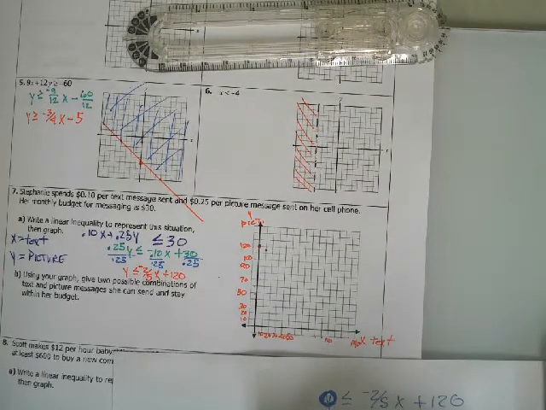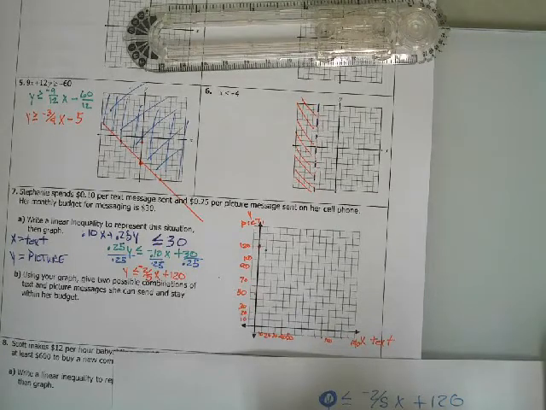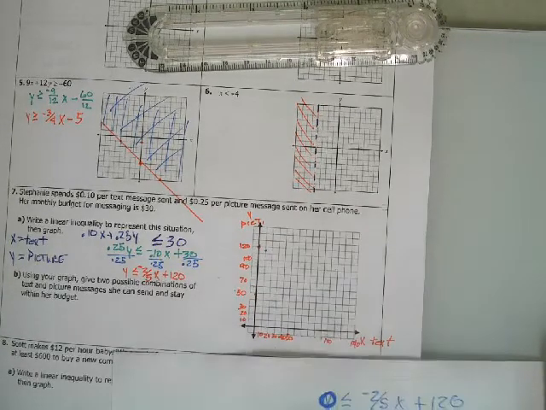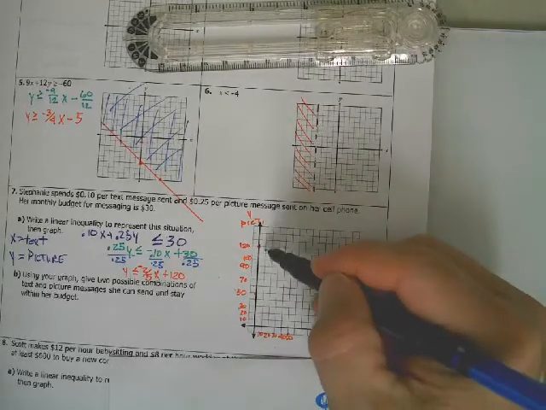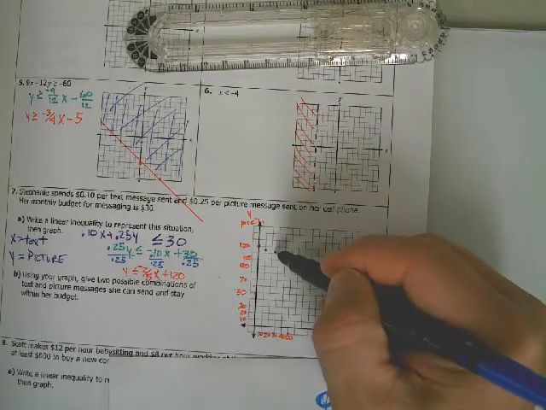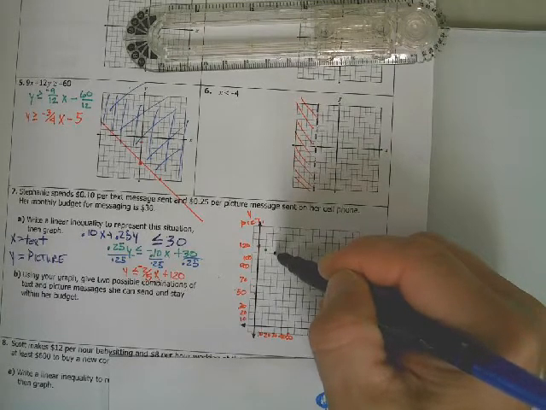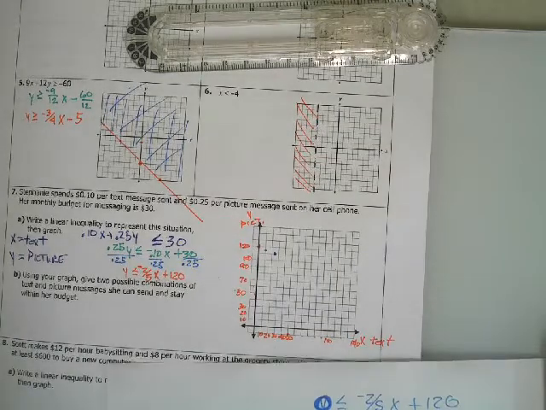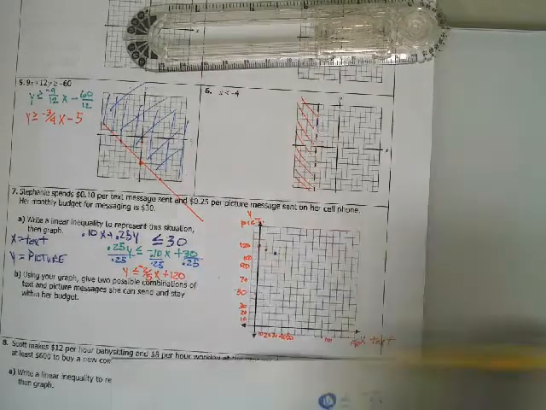So if I want the top number to be 10, then the bottom number would have to be 25. So if I want to go down the whole 10, I'm going to go over 25, which would give me this point, 25 for the x value and 110 for my y value.